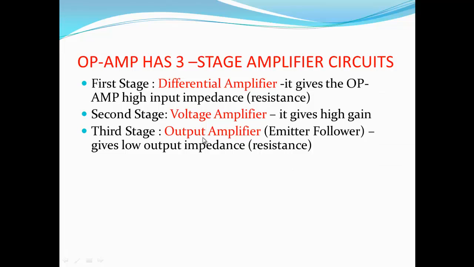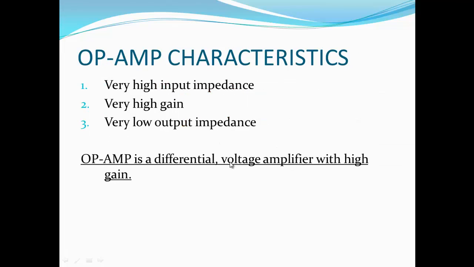The third stage, the output amplifier, gives low output impedance, and that is very important. So we have high input impedance and low output impedance. The characteristics of this device, as I mentioned, are very high input impedance, very high gain, and low output impedance.